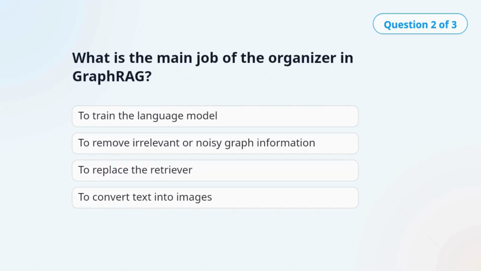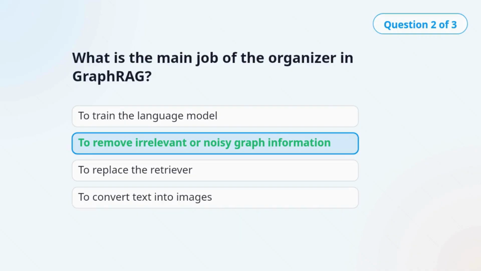Question 2. What is the main job of the organizer in GraphRAG? The correct answer is to remove irrelevant or noisy graph information. The organizer refines retrieved graph data so the generator gets clean, relevant context.